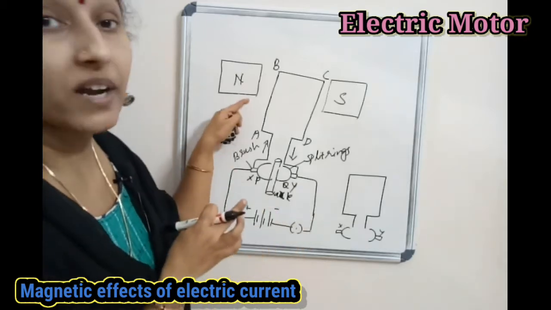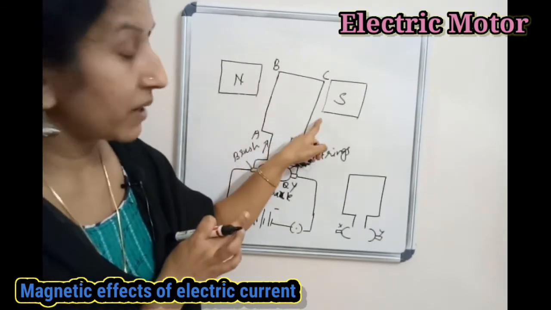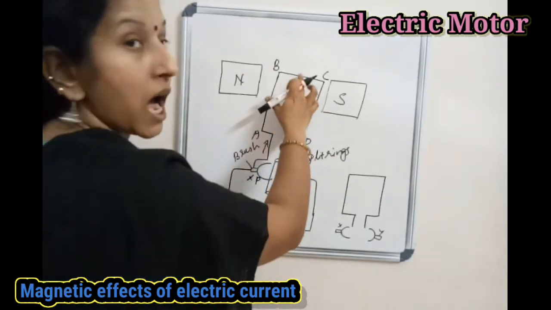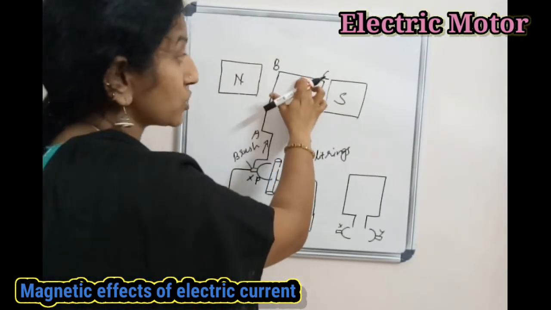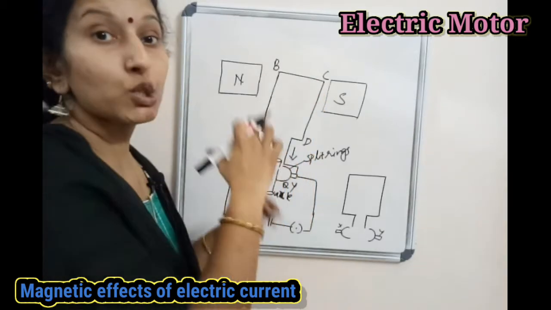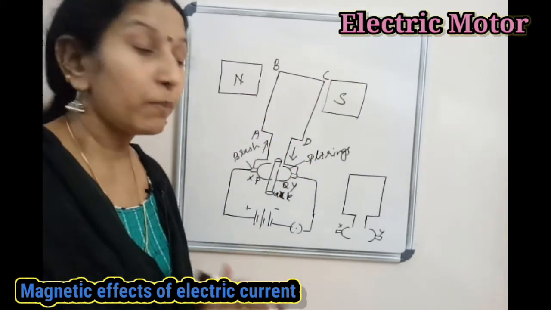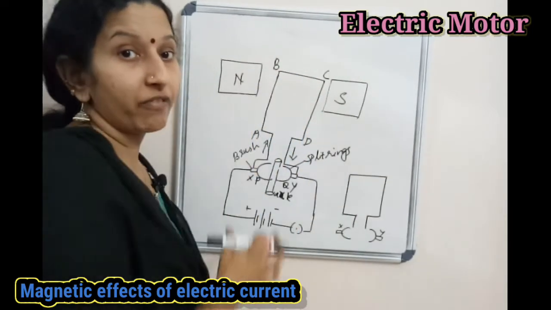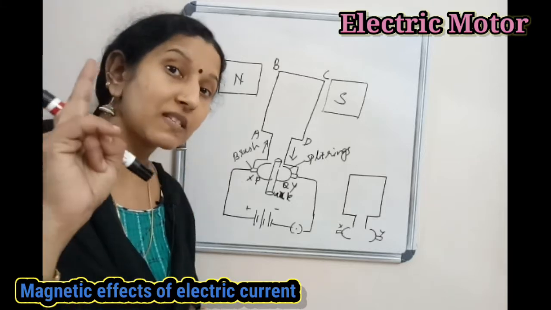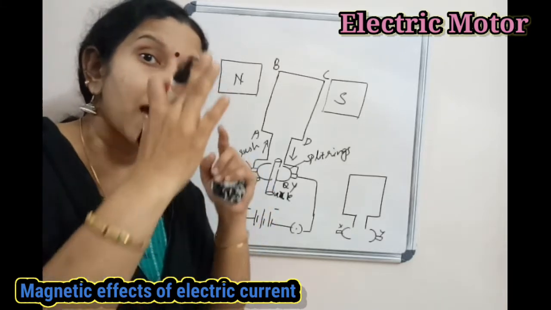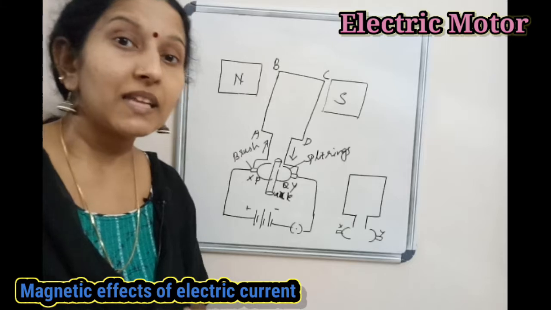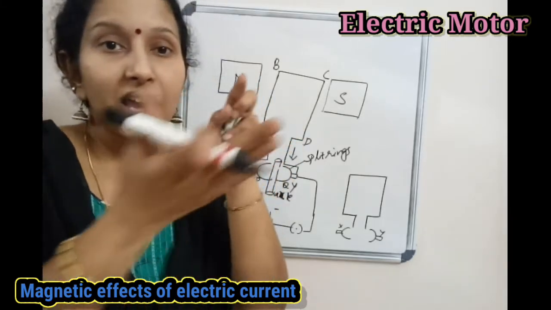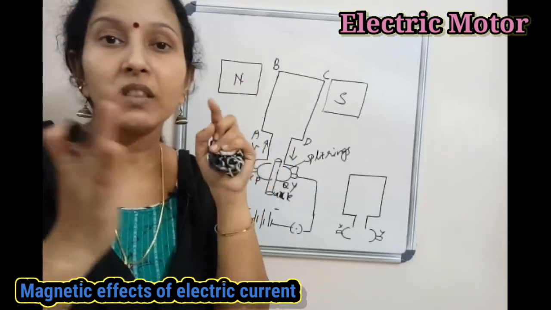So on arm AB and arm CD there is application of force, but at the two ends, here and here, there is no force, because they are parallel to the magnetic field. As we discussed in the previous class, when they are perpendicular to each other there is exertion of force, and when they are parallel to each other there is no force.